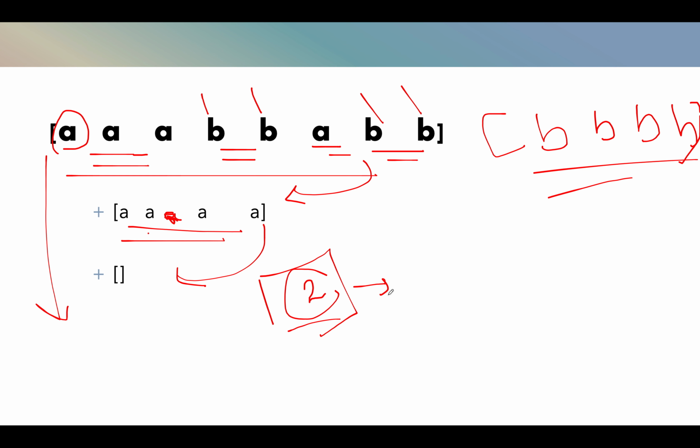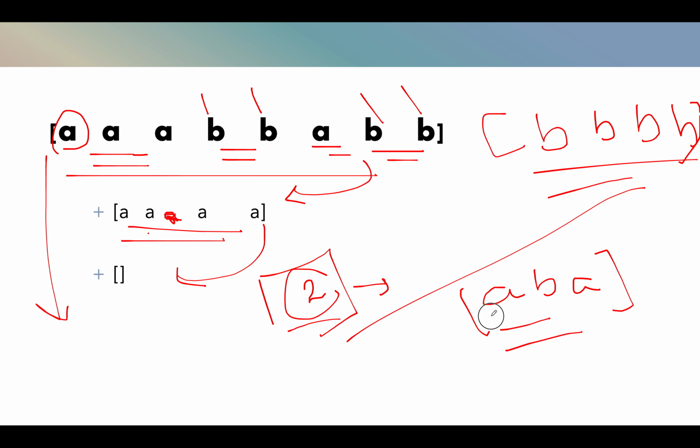Let's talk about the other case, which is a slightly simpler case where we have A, B, and A as the input string. Since this string is already palindromic in nature, you can remove all the characters from the string in a single shot. You don't need to separate it by A's first and followed by B. So what we need to check is whether the string is palindromic in nature.